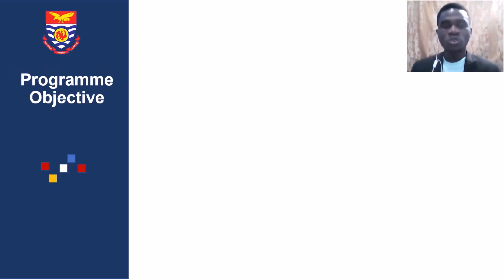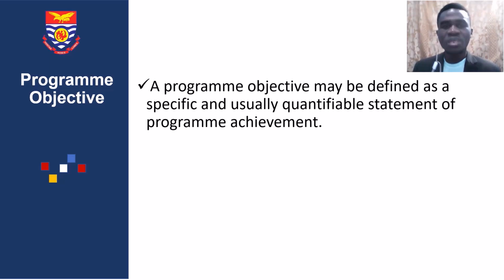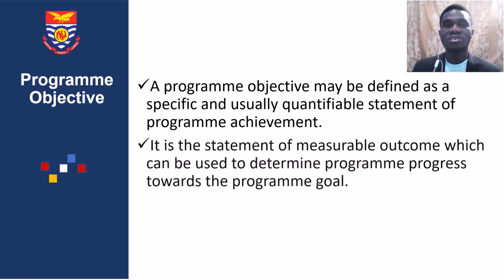Now we move on to program objective. An objective may be defined as the specific and quantifiable statement of a program achievement. We made mention that a program goal is not quantified, but the objectives are quantifiable statements of the program's achievement.